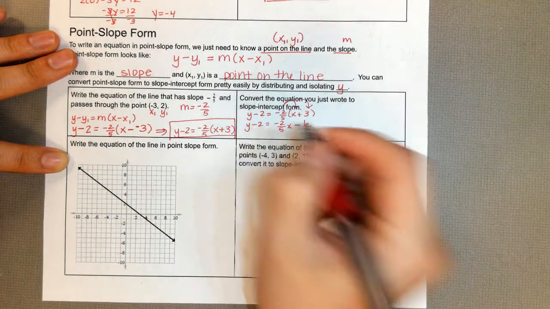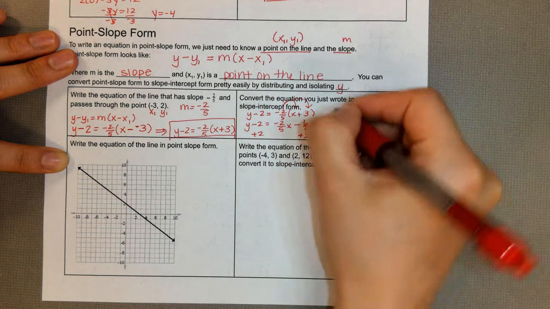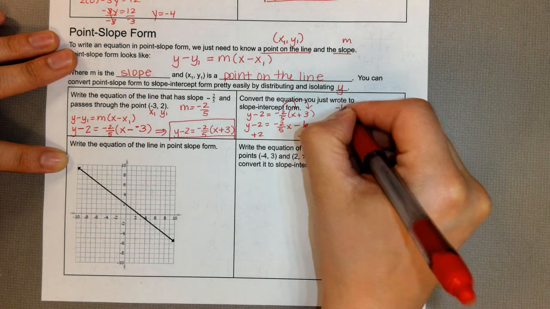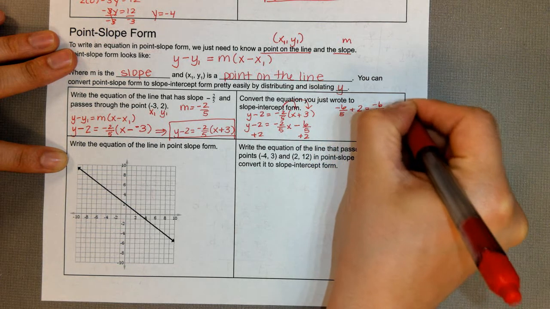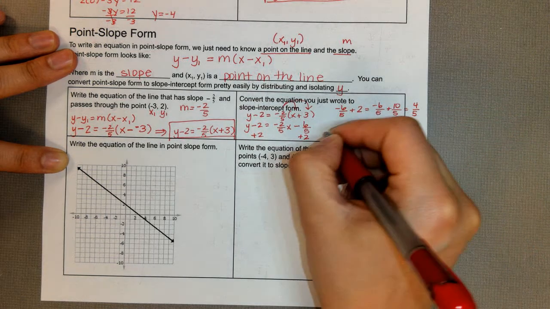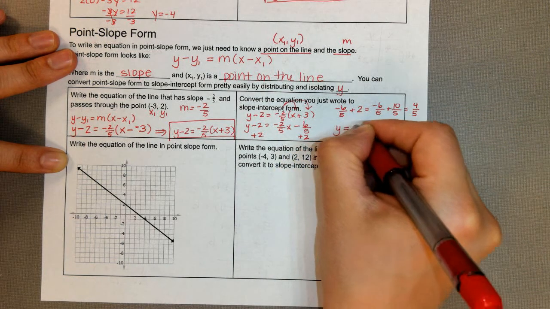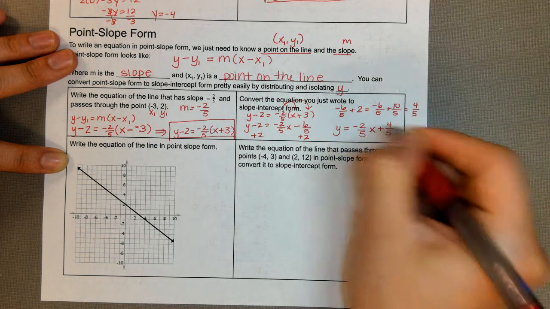Now, to get y by itself, I just need to add 2 to both sides. And a reminder that negative 6/5 plus 2 is negative 6/5 plus 10 over 5, which is 4 over 5. So this will now become y equals negative 2 over 5x plus 4/5.